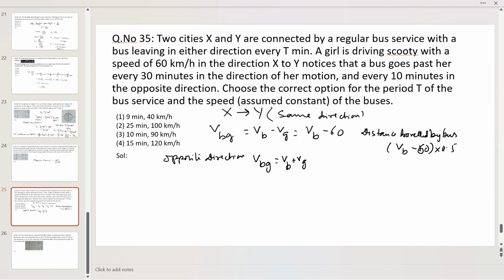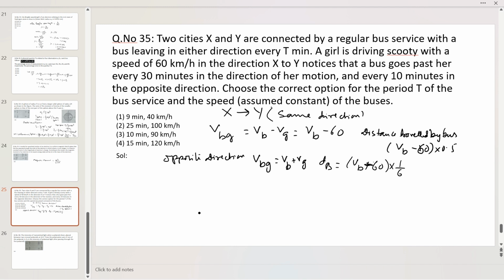Now in the opposite direction, the distance traveled by the bus will be (Vb plus Vg), that is Vb plus 60, into 10 by 60, that is 1 by 6 hours.